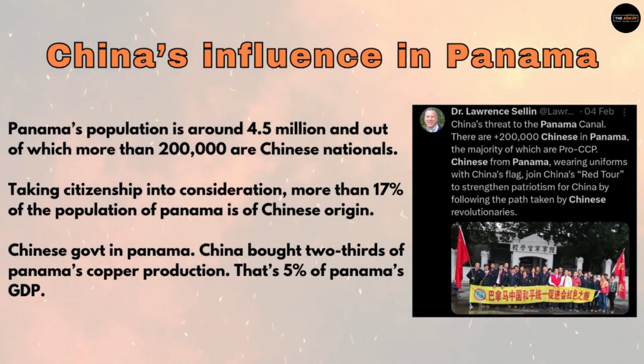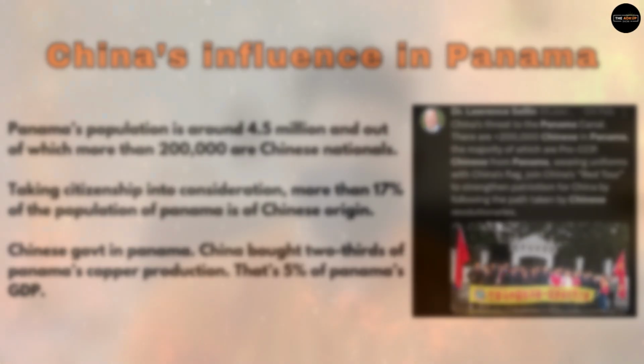China bought two-thirds of Panama's copper production. That's 5% of Panama's GDP. There are many other evidences which show that Panama does have massive Chinese influence. So Monroe 2.0? Well, maybe it's got that keep rivals out flavor, but it's also peak Trump. Big, loud, in your face.